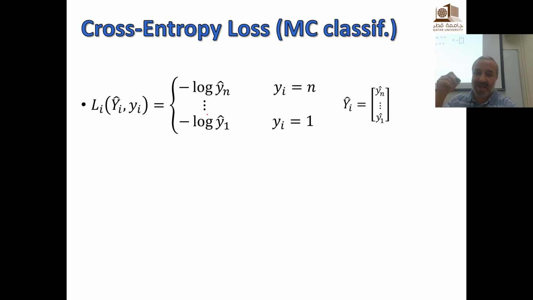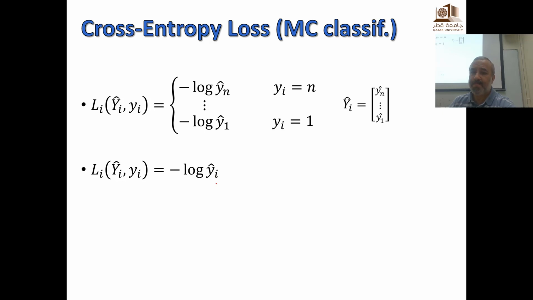We can even write this loss function in a more compact way. Again, it's the same loss function, but we can just write it in a simple way to be minus log the probability for the true class. Okay, whatever the true class is. So if the true class is 1, then it will be the probability that the class is 1. If the true class is 5, then it will be minus log the probability that the class is 5.